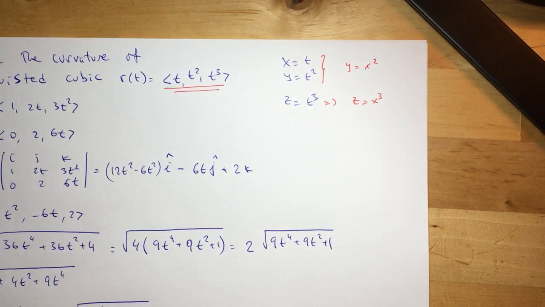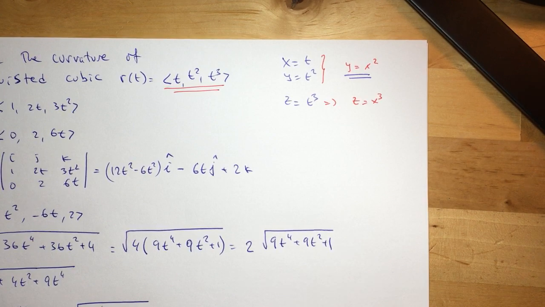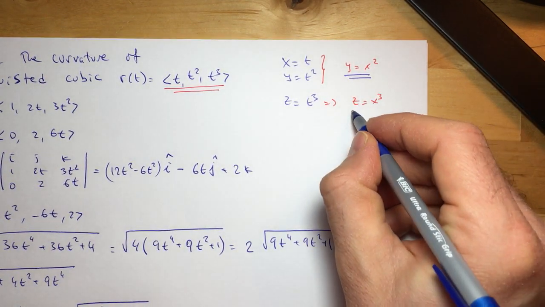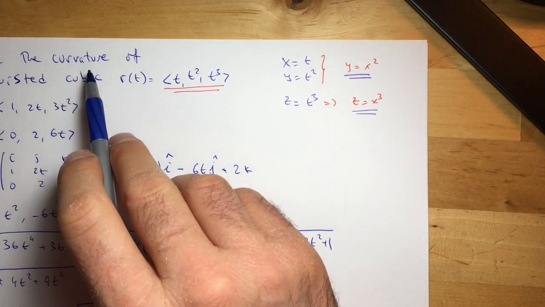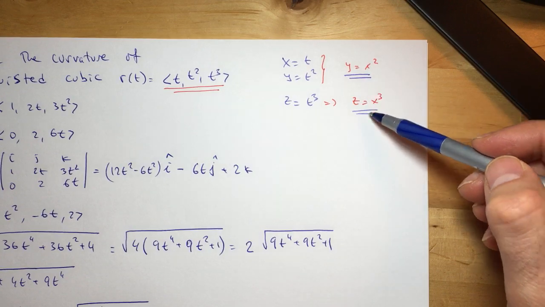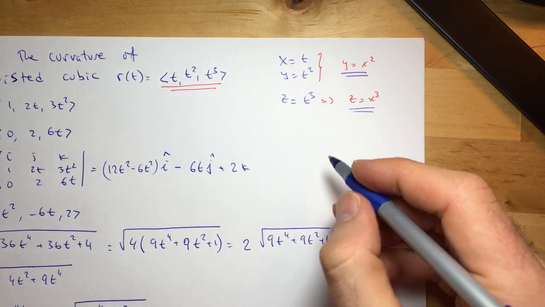So basically, if you remember, this is going to be the parabolic cylinder, and this is the cubic cylinder. Okay, so basically this curve is the intersection between these two cylinders, right?